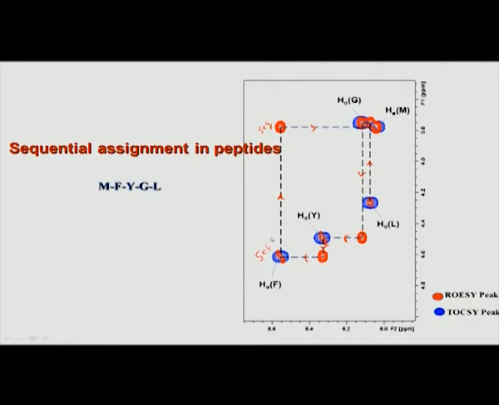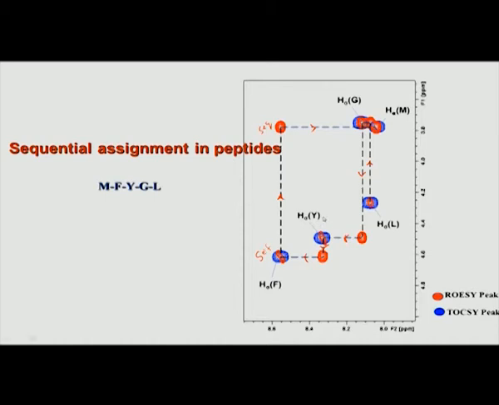A similar process happens in proteins, but in proteins this 2D experiment can be a little messy, because let us say you have 100 amino acids, then you will get 100 such blue color and red color peaks, which becomes very complicated. Therefore, for proteins we have to go to 3-dimensional NMR experiments, which we are not going to go into in this course.